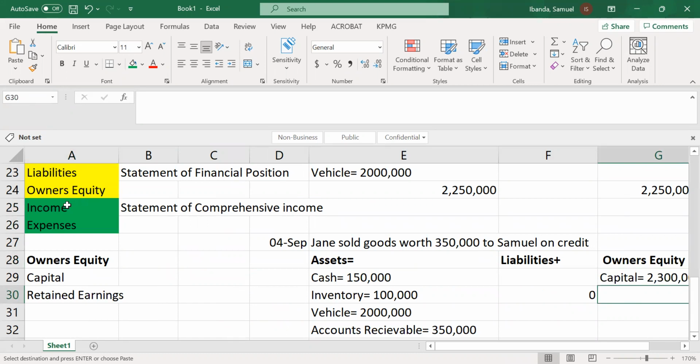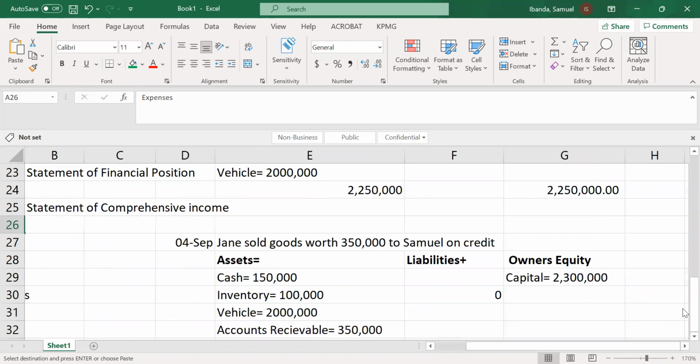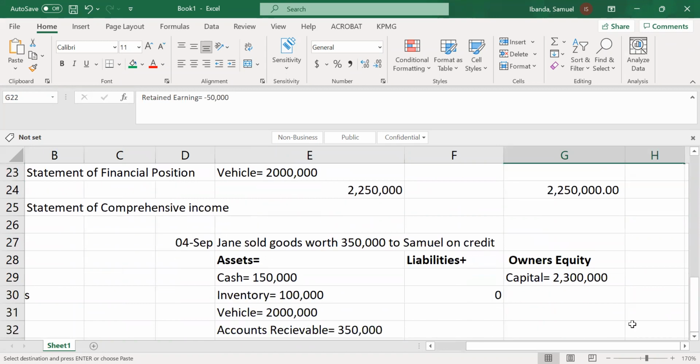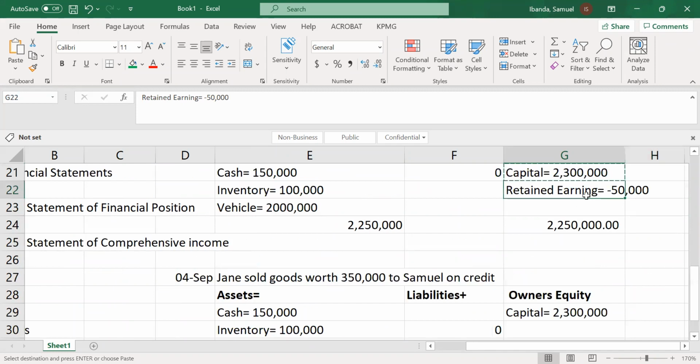So revenue or income affects the retained earnings positively. Expenses affect the retained earnings negatively. And that is why in the previous transaction here, we recorded our retained earnings as negative 50,000. So that means that in this transaction specifically, our retained earnings are going to have a plus of 350,000. So I'll just copy my retained earnings here.